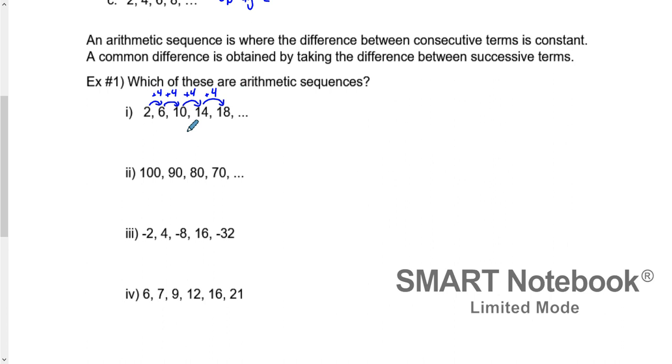What we want to get into the habit of is seeing that 18 subtract 14 is 4, because we take one number and subtract the number right before it. Or we take 14 and subtract 10, it also being 4. And that would continue on with every one of these numbers.